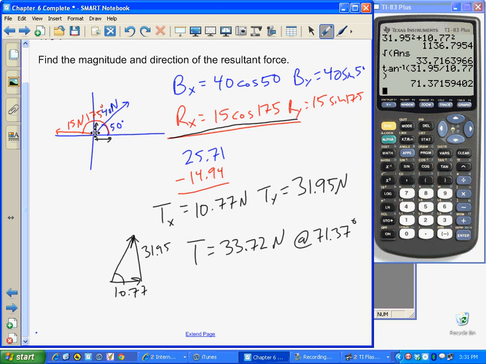So let's take a look at this. I had one spaceship going this way, the other spaceship going this way. This was going at 40 newtons, this one's going at 15. I ended up with a little bit less total force because those were opposing, but both my Y forces were going up.